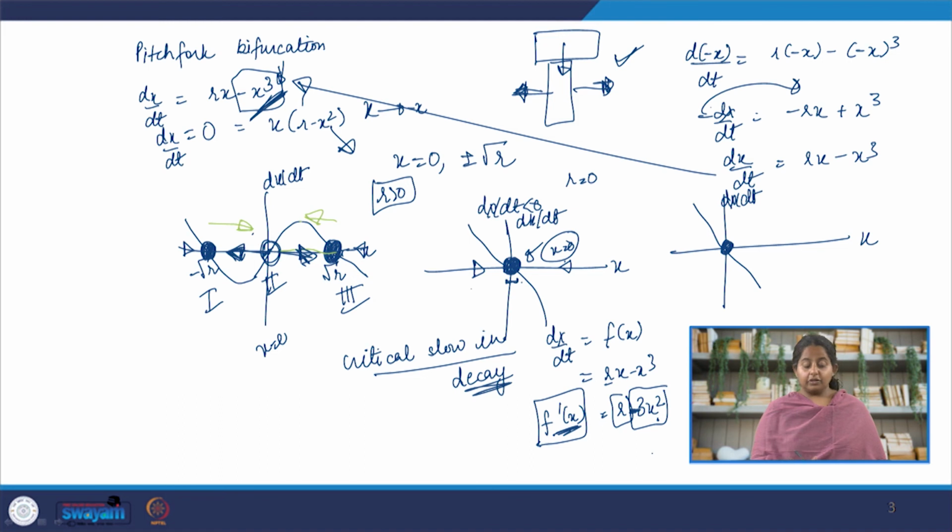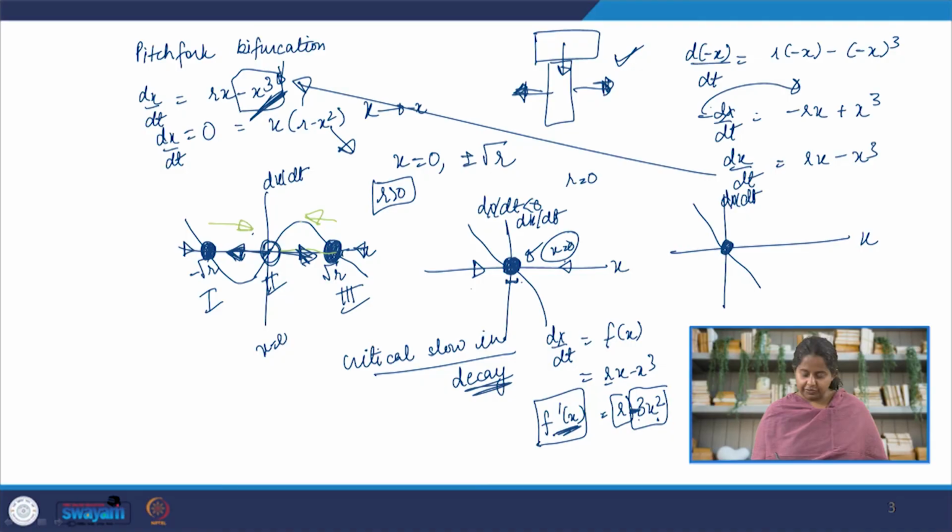Now in contrast, we have another kind of pitchfork bifurcation, which is subcritical pitchfork bifurcation, where instead of having critical slowing down around the critical point, we have an explosion of value, an explosion of speed, which is, think of it like a blowing off of the value.